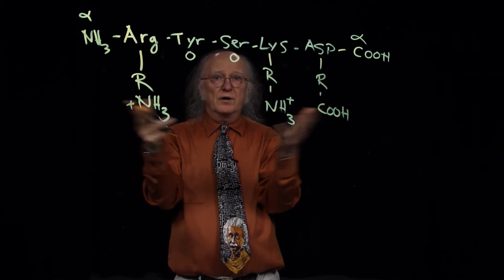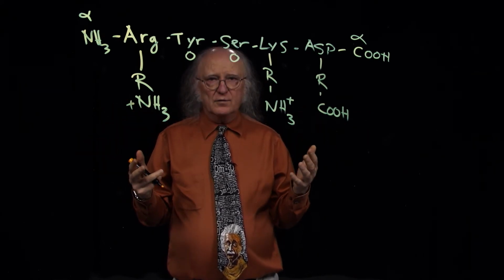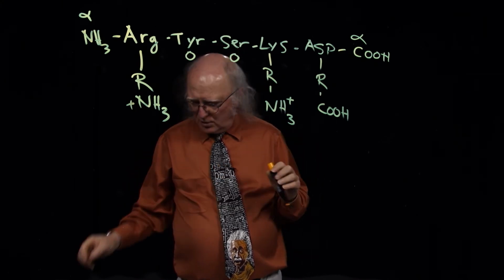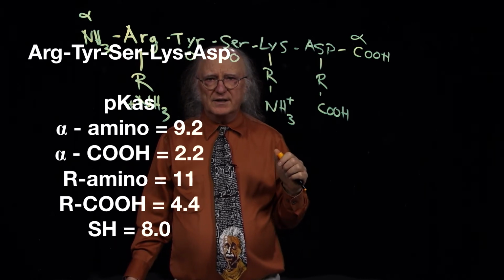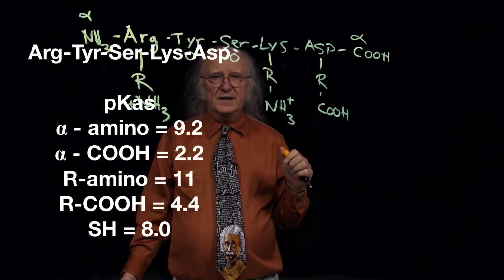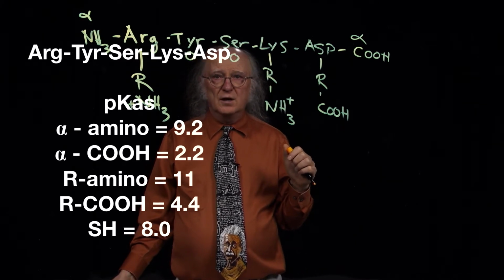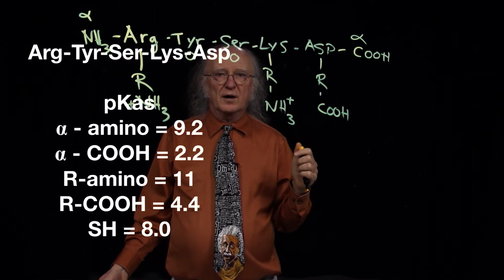Well, which one do I have? It really depends upon what the values are of the individual pKa values. Well, if we go back and we remind ourselves of those pKa values, we can see them right here. Alpha amine 9.2, alpha carboxyl 2.2, R group amine 11, R group carboxyl 4.4.